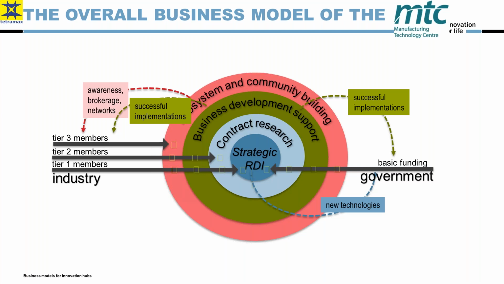And those successful implementations also will boost the membership from industry, because they don't like technologies as such. They like technologies when it creates business. And those successful implementations are crucial to convince industry to become member of those digital innovation hubs.